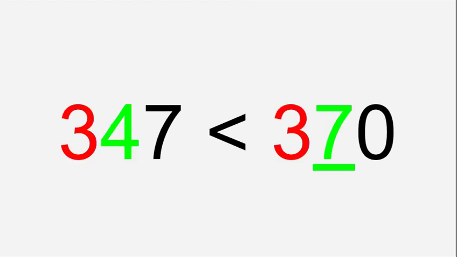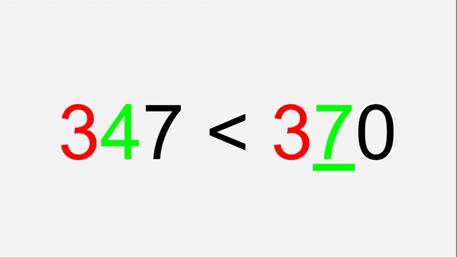Our next problem, 347, 370. Which one is greater? We can ignore the 3s. We'll compare the 4 and the 7. 4 is less than 7, so 347 is less than 370.